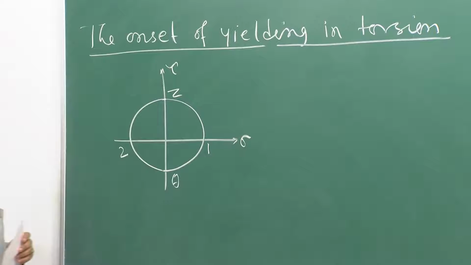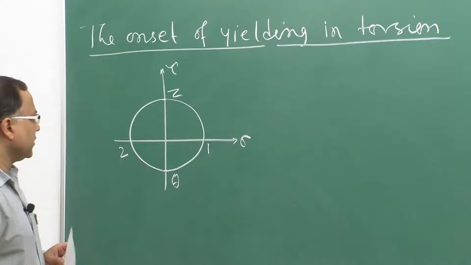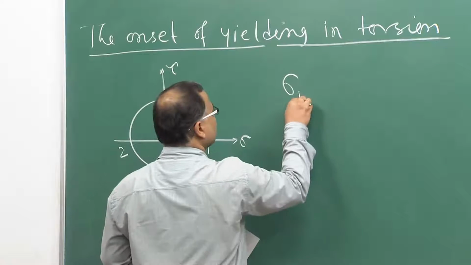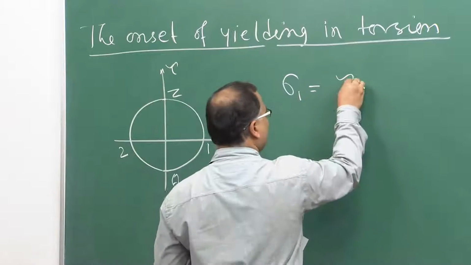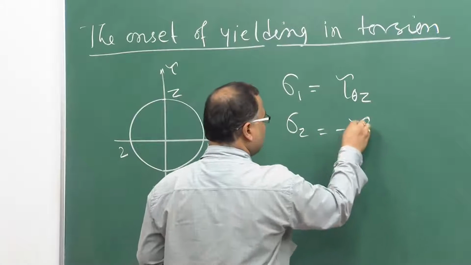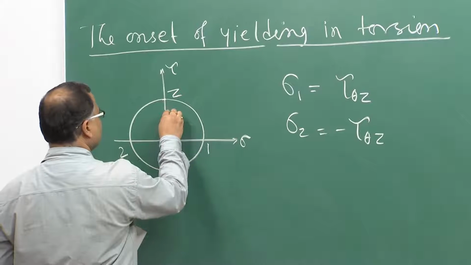I am just reproducing the previous figure. As we have written, sigma 1 is nothing but tau theta z, and sigma 2 is nothing but minus tau theta z, because this is your tau theta z.